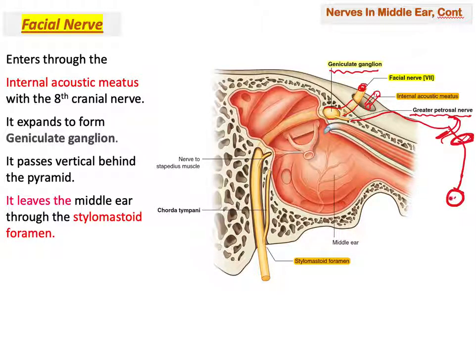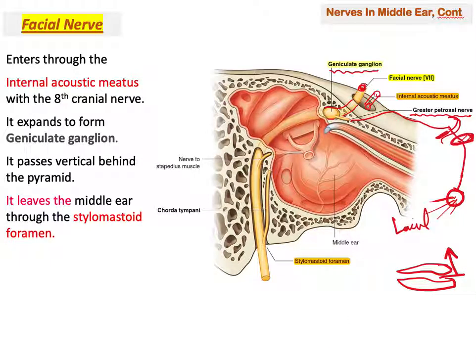Then the parasympathetic postsynaptic fibers will supply all glands above the oral fissure. For example, if this is the mouth, then above the oral fissure are glands like the lacrimal gland and glands in the nasal cavity.